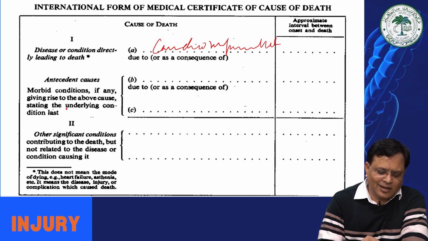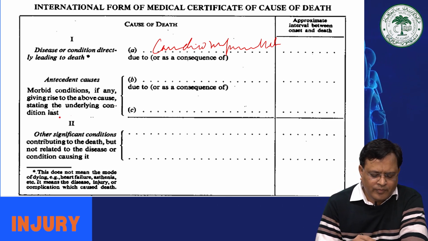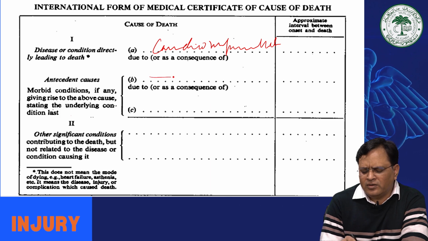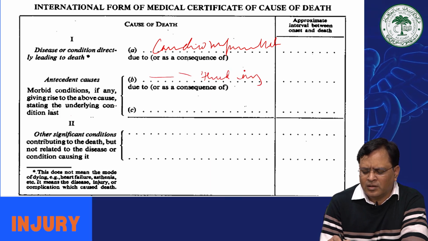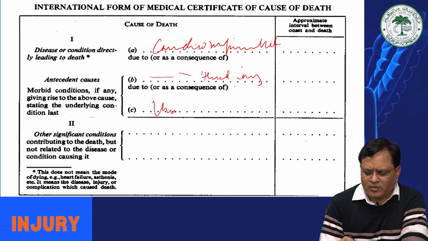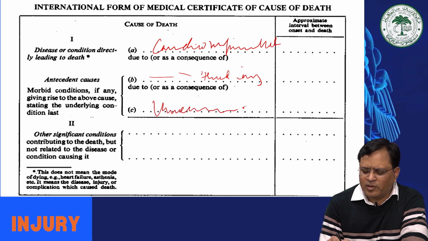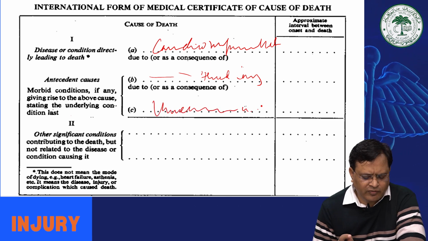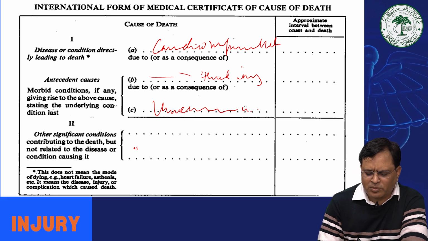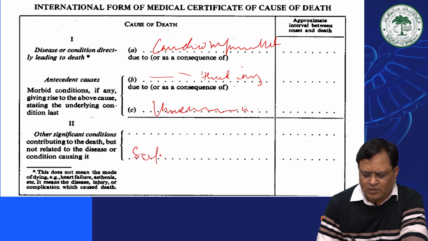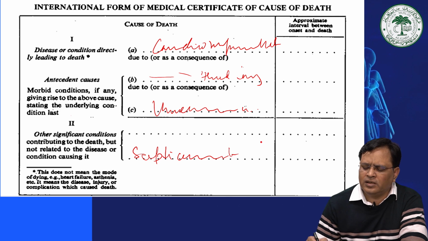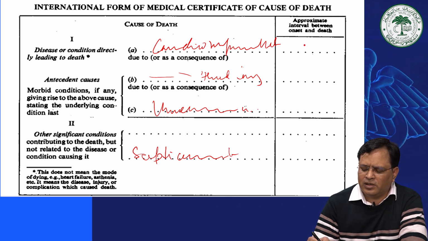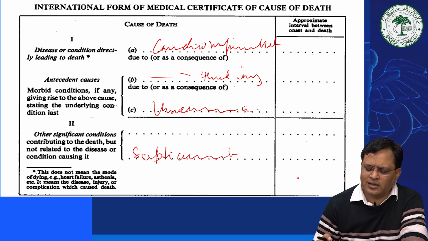Then the antecedent cause means the injuries or something like head injury, unconsciousness. This had led the patient to admission. Other significant conditions, like septicemia, had developed. So we have to write the approximate interval here.